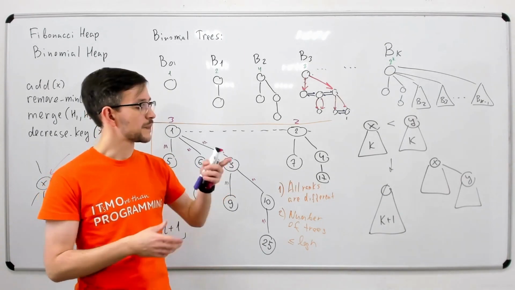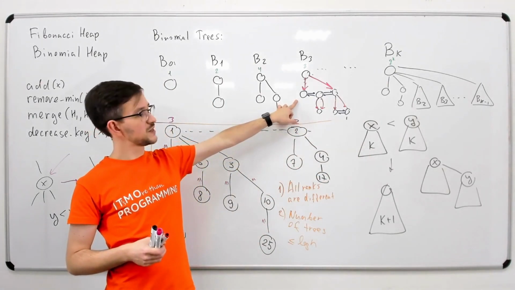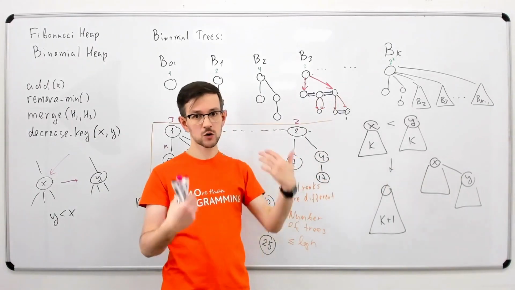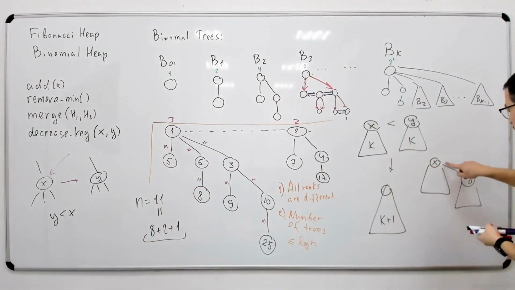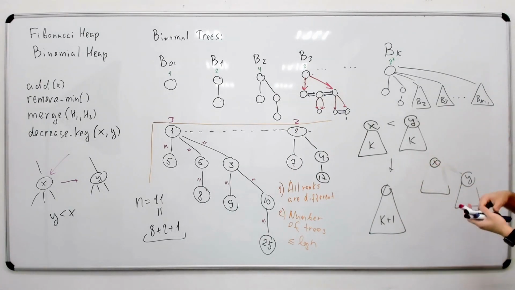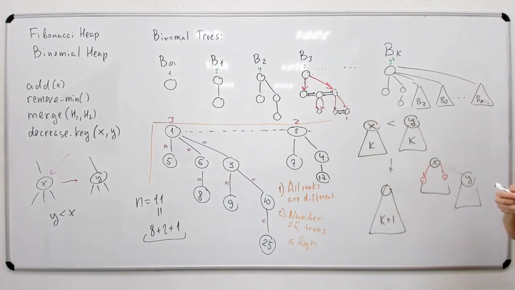What I was talking about? So if you maintain your trees like this, then you can add this y to this tree in constant time. If you want to add this element here, you just have this pointer from x. So you have pointers to the first and the last element of this list.